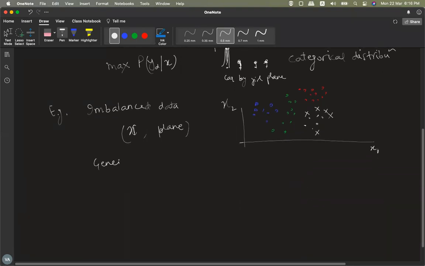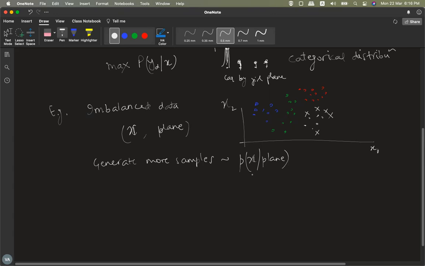Generate more samples by sampling from the probability of X given plane. If my class is plane and I know this distribution, then I can sample from this distribution and get more examples of plane, right?